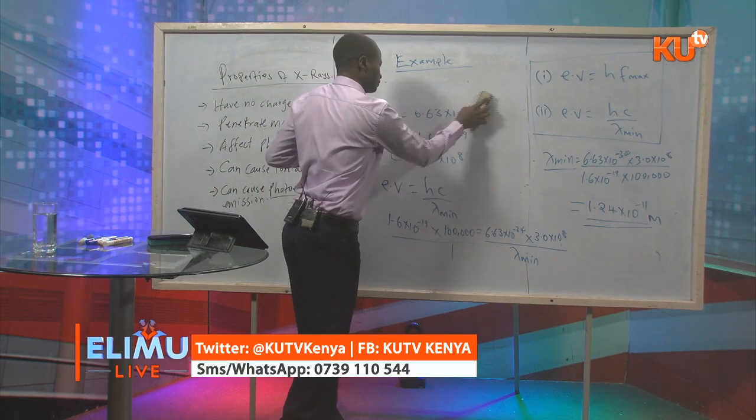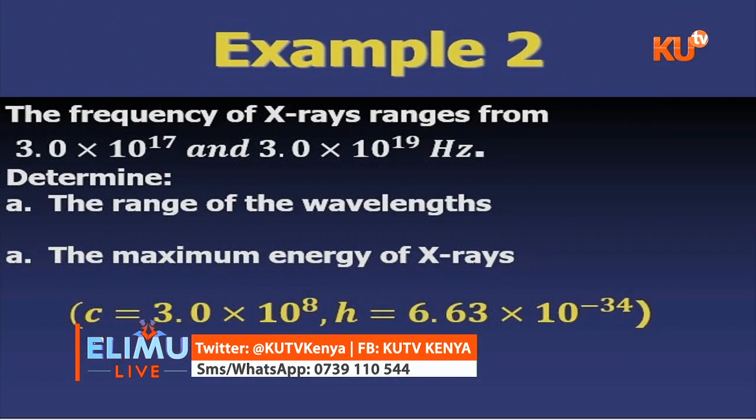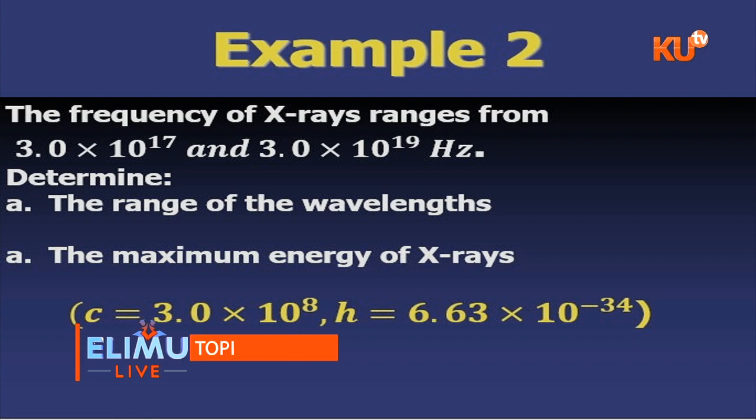Example 2. I said we remain with these equations here so that we see what to do, which one to use when. Example 2 says the frequency of X-rays ranges from 3.0 times 10 power 17 to 3.0 times 10 power 19 hertz.